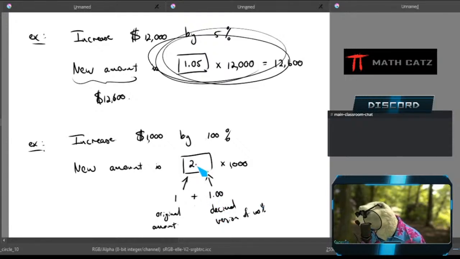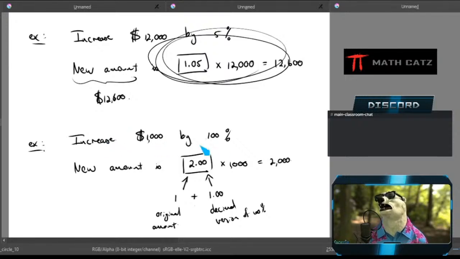So my decimal factor is 2, 2.00 if you will, which confirms my suspicion that I'm doubling what I get. I'm not taking 100% of my number. It's an increase. It's a different calculation, different instructions.